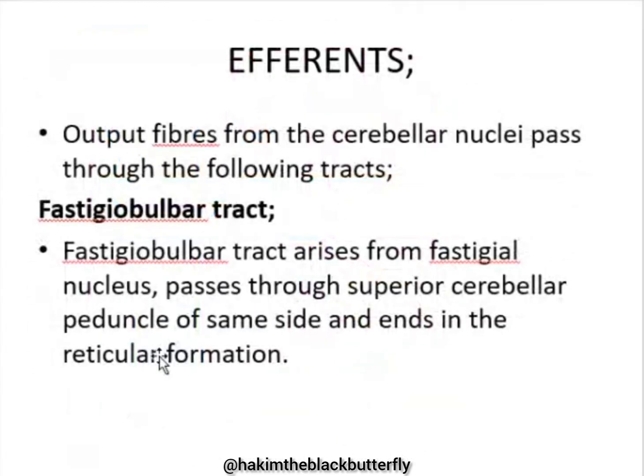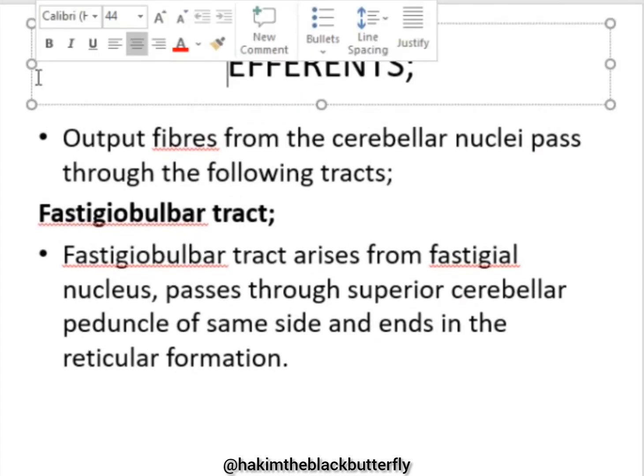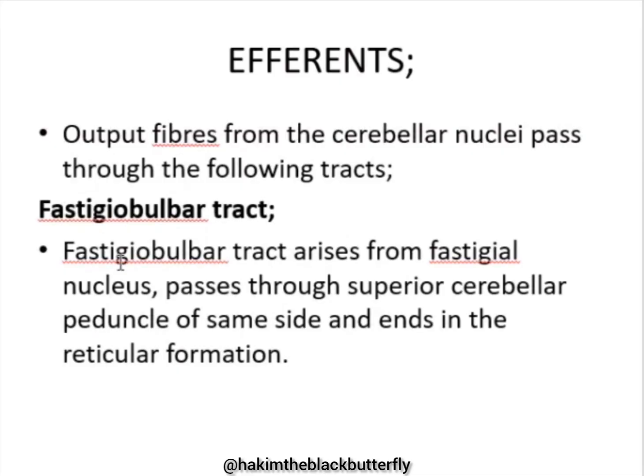So this illustration is showing you all these tracts that I've mentioned, the ascending and then the efferents. The efferents are the ones coming from the cerebellar nuclei, because information coming out of the cerebellum originates from the cerebellar nuclei. So the efferent information is that information coming from the deep cerebellar nuclei moving out.